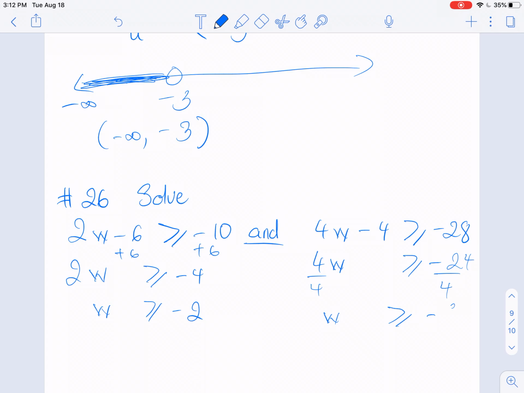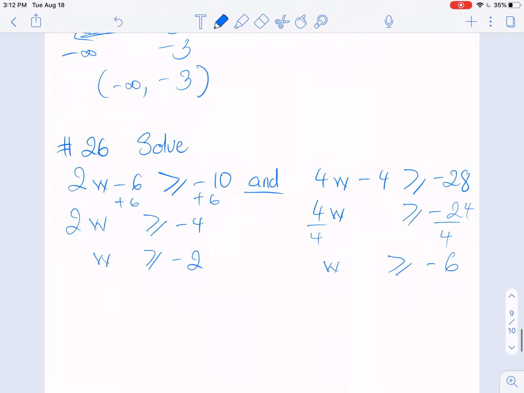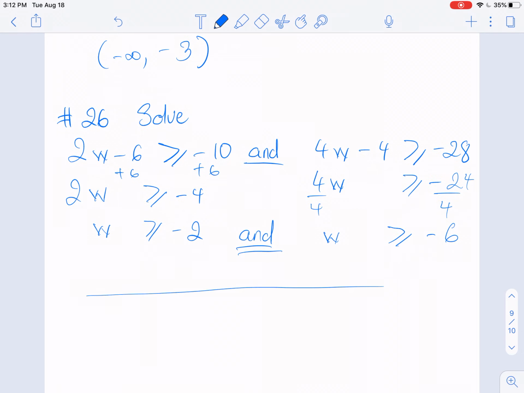Divide by 4. So w is greater than or equal to negative 6. Okay, so now we have 'and', right? So let's just graph first. So I have negative 6 first, and then I have negative 2 here.